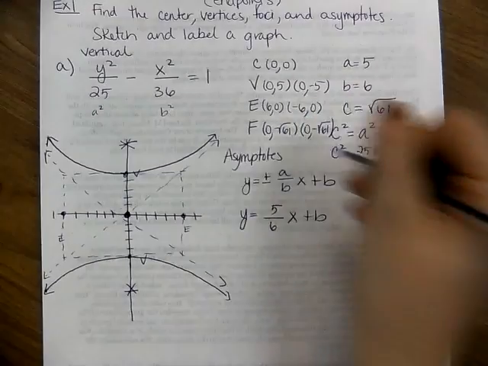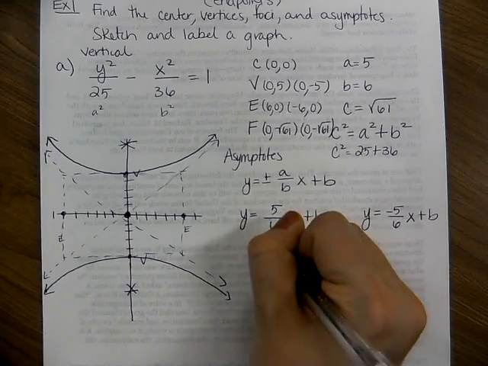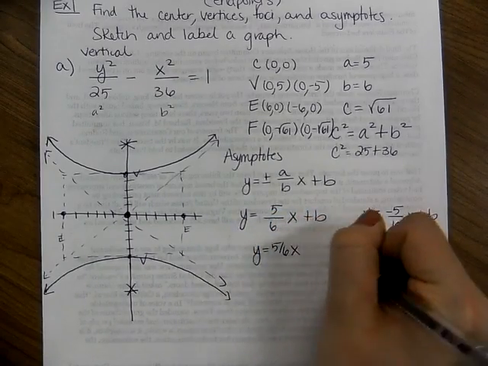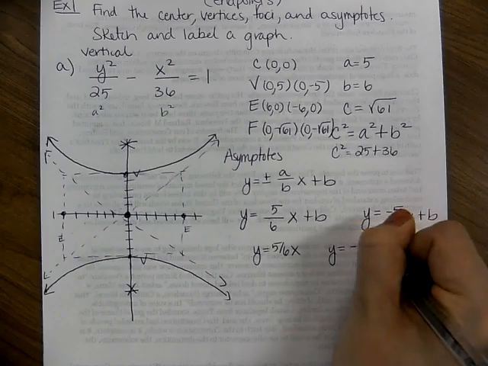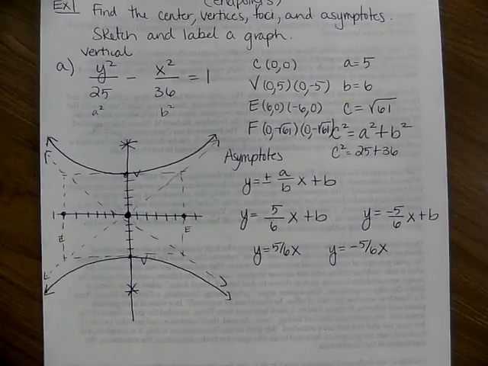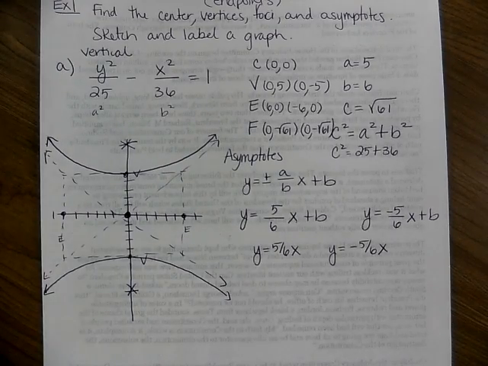Our asymptotes are y equals 5 over 6 x and y equals negative 5 over 6 x. When you do your homework, the book is going to list this differently, but I want them listed like this. Sound good? And that's it for this one. Okay? Good?